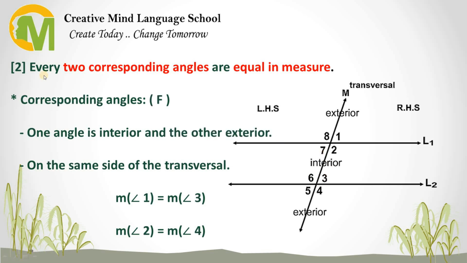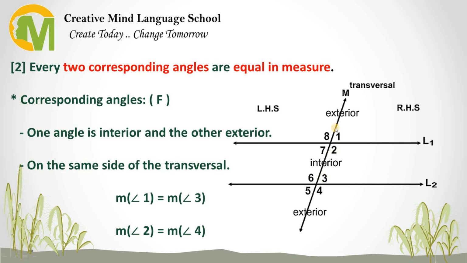The second rule of parallelism says every 2 corresponding angles are equal in measure. What do we mean by corresponding angles? One angle is interior and the other is exterior, and they are on the same side of the transversal. So we are searching for one interior angle and one exterior angle.